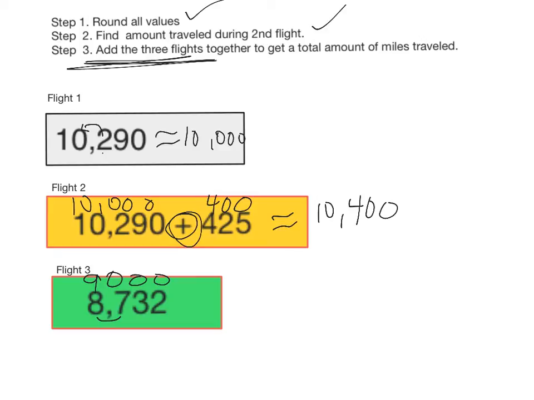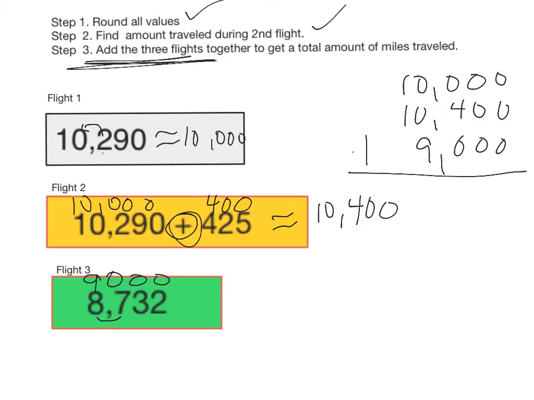Finally, my last step to get my answer is to add all 3 flights together. All right, so I'm going to line these digits up just to make sure that nothing's going to go wrong. I have 10,000, I have 10,400, and finally I have 9,000. Normally, I don't like to add 3 numbers together at a time because it gets confusing and it's a lot of room for mistakes. But these are pretty simple because they're rounding problems. I'm going to go ahead and do it.